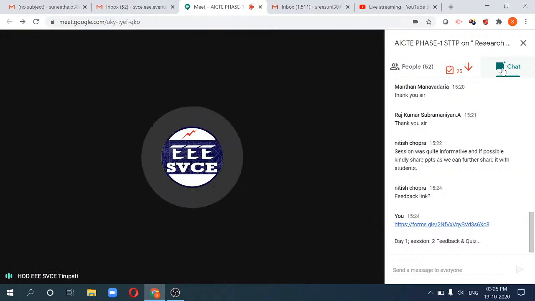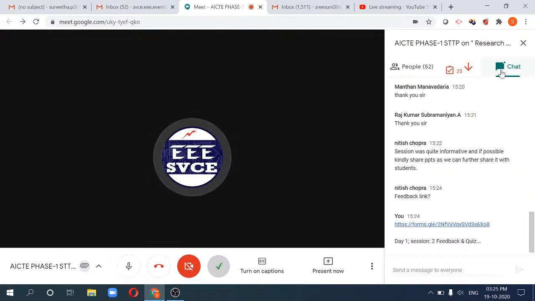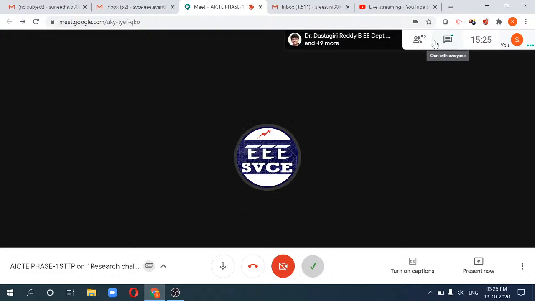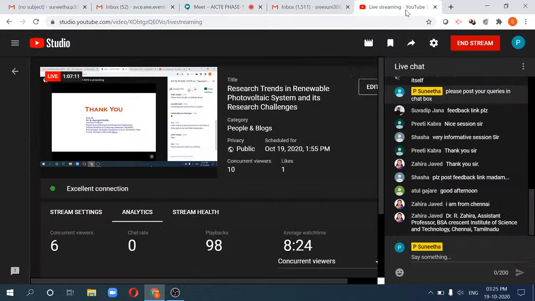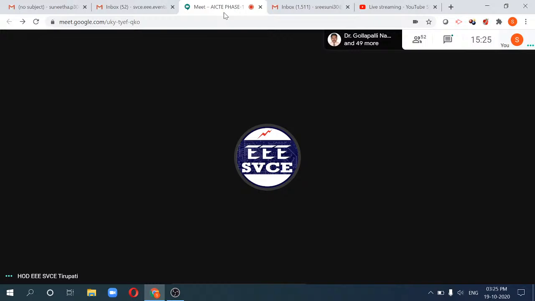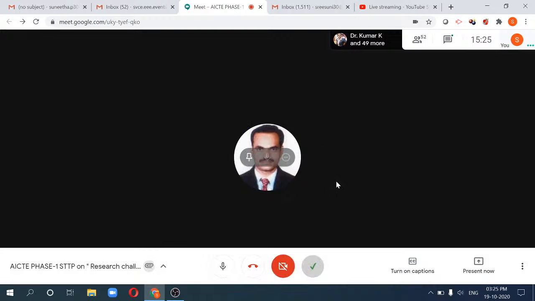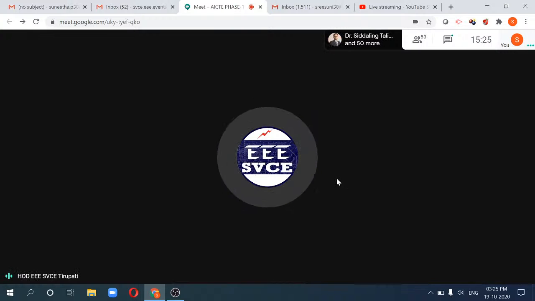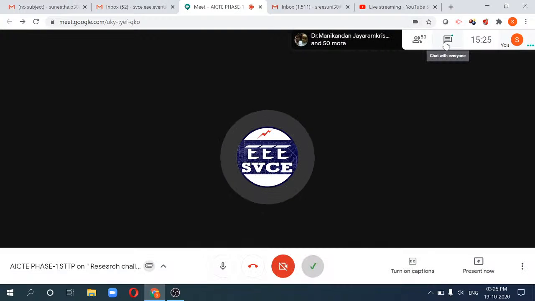Sir, in your Google Meet, whether you are using mobile or laptop? Narendra sir, are you using mobile or laptop? Mobile, sir. In your mobile, touch your screen, and there will be three symbols. One is the participants count. Beside that there is a circle-shaped symbol.